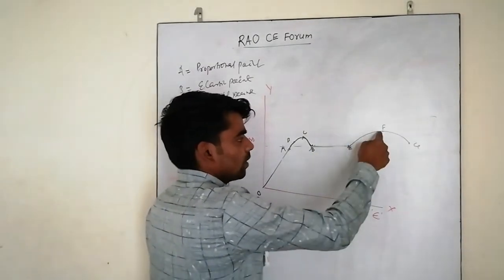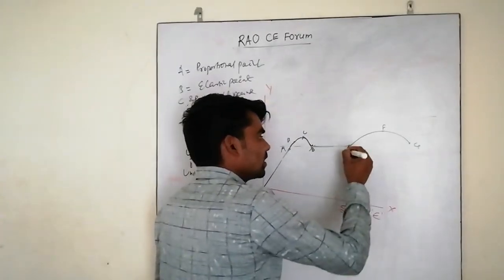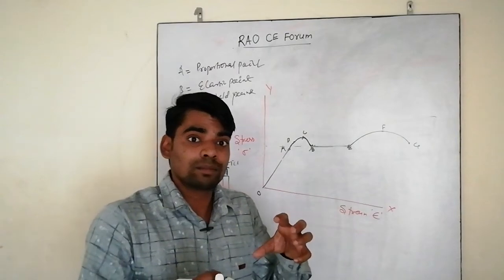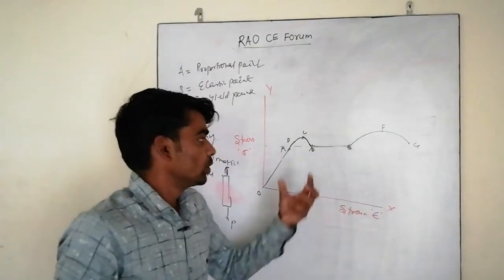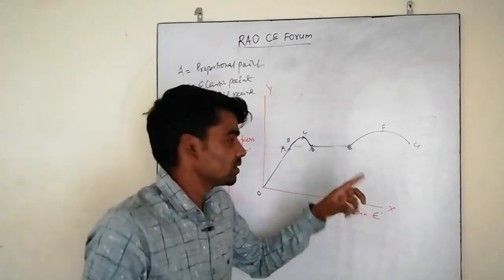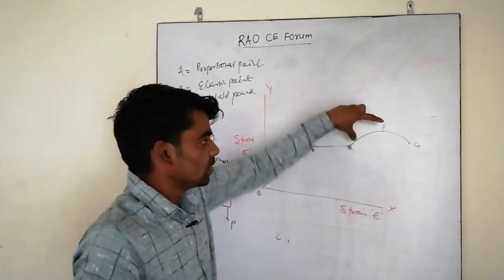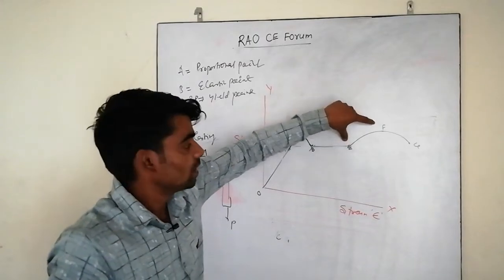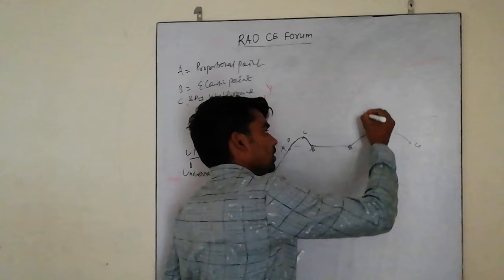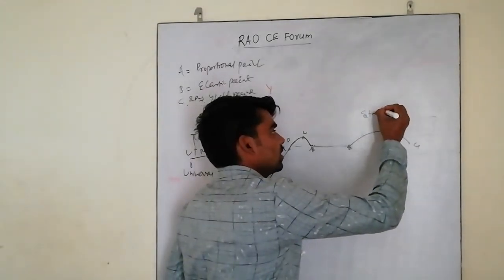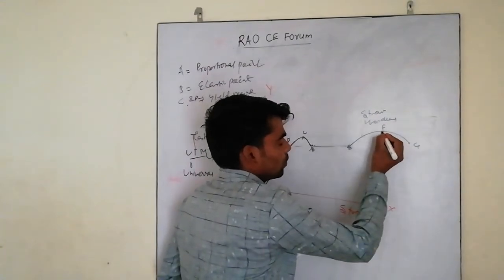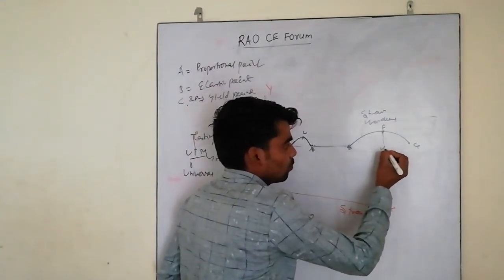From point E to F, the material shows crystalline structure, means it has some resistance ability to resist the stress. Then E to F shows a crystalline behavior and its zone is known as strain hardening. And this point F is the ultimate point.